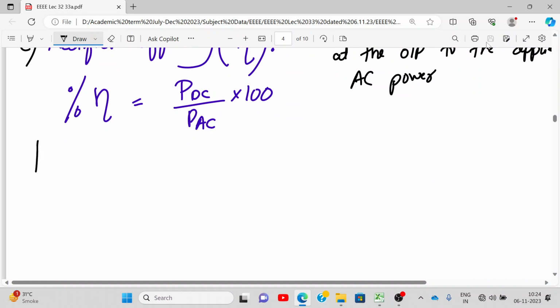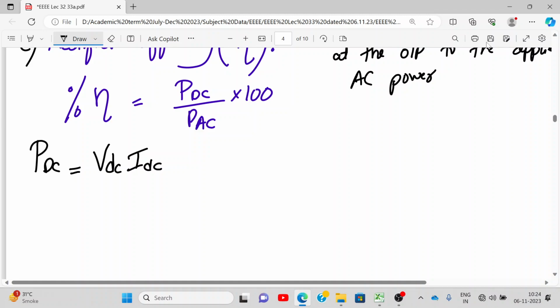Now, tell me what is the PDC formula? Power is V into I. This DC power should basically be VDC into IDC. What is VDC? Average voltage. IDC is average current.